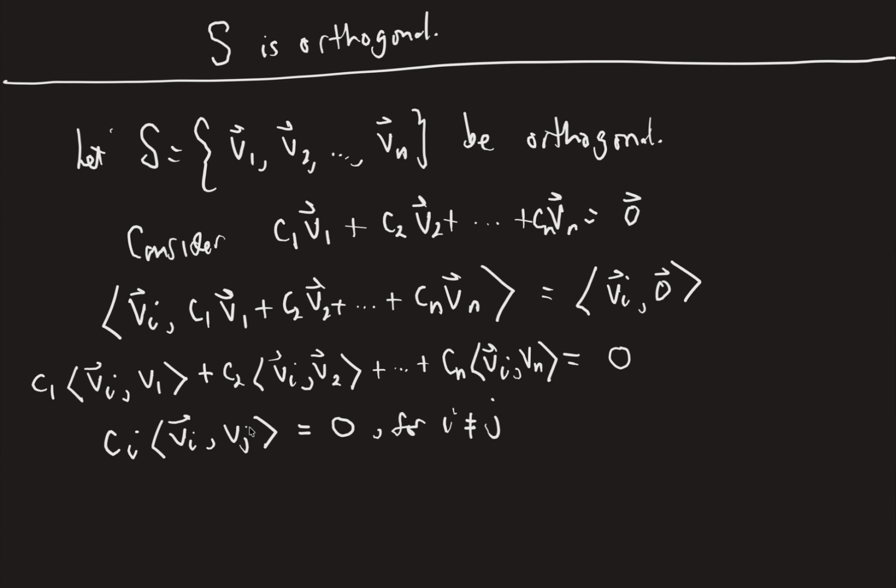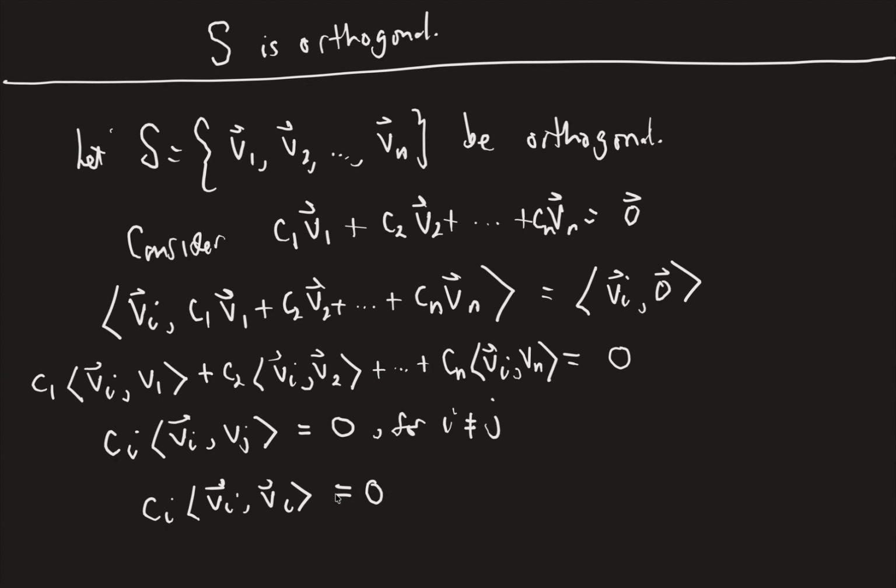Well, what is it going to be? It's going to be your ci times the inner product of vi with itself, right? That one can't be 0. So that's the term that we have left. Then now I'm going to bring down the equal sign, equal 0 here.